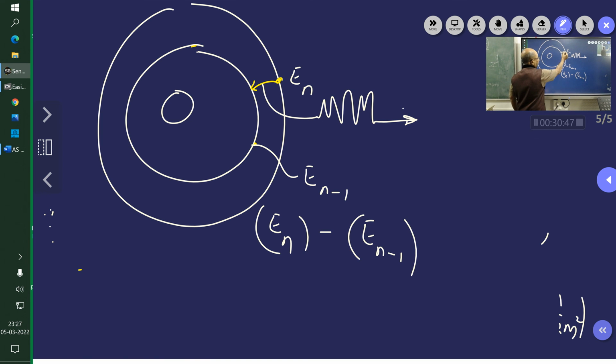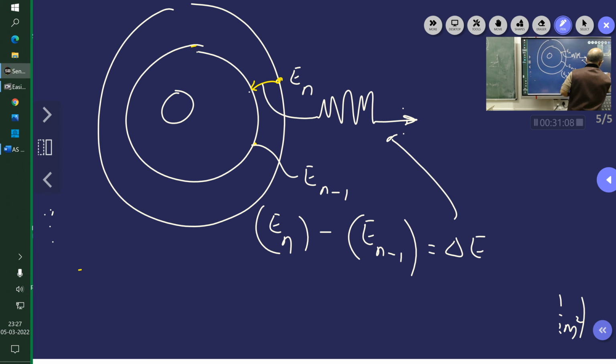The electron jumps from higher energy level to lower energy level, and this energy difference comes out of the atomic system in the form of photon energy of frequency nu, that is h nu. Here nu stands for the frequency of the electromagnetic radiation that comes out of the system. That is what he has said.